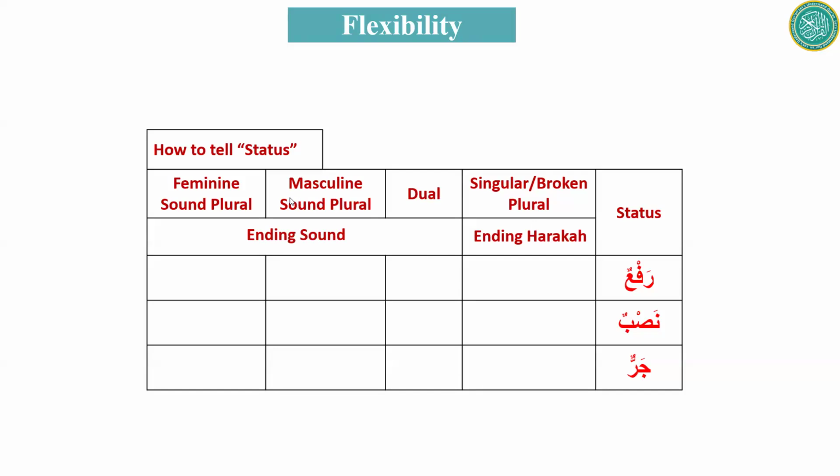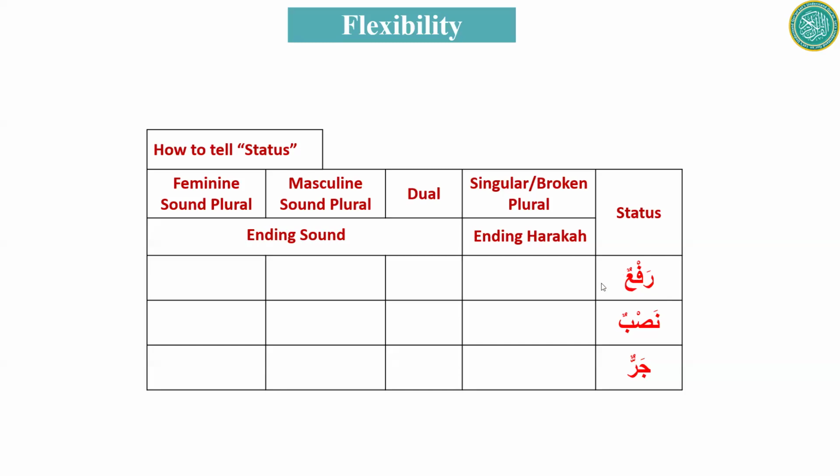So what is the ending haraka for rafa for singular and broken plural words, isms? Brother Ismail, what is the haraka for rafa? No. Sister Maryam Batul, what is the ending haraka for rafa?